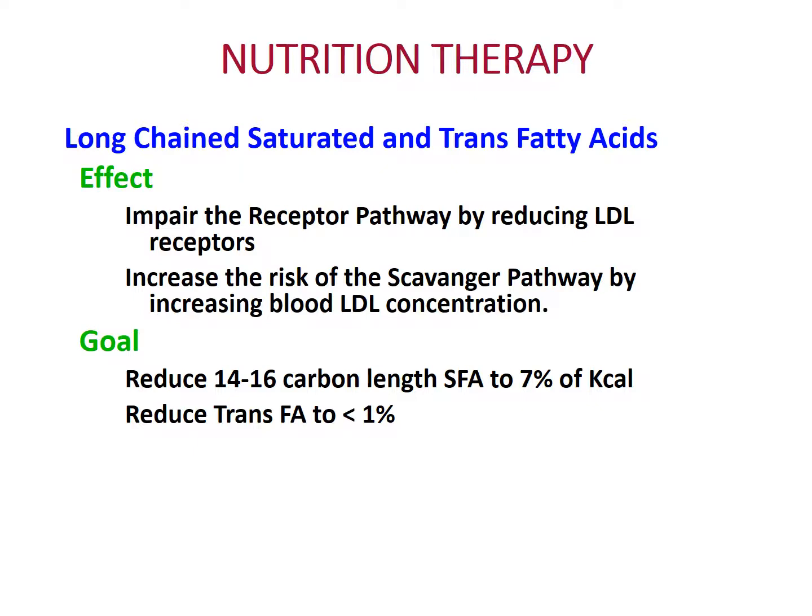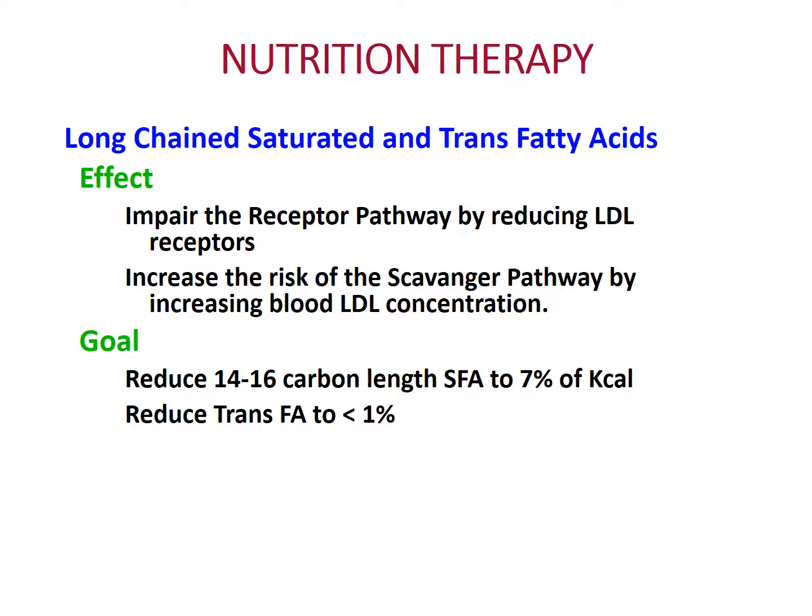So there is a group out there that would like to have the standard for saturated fats be reduced to 7%. So SFA is saturated fatty acids, and these are basically the long chained to about 7%. Now you remember in your diet study we're sticking with 10% because that's pretty much the goal right now. But it could be lowered in the future, but looking mainly at the long chained.